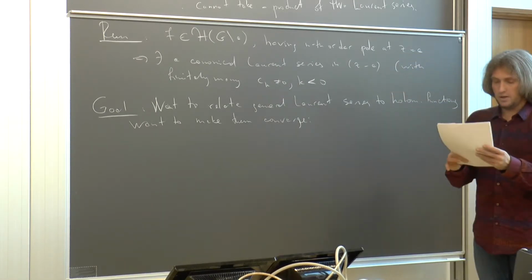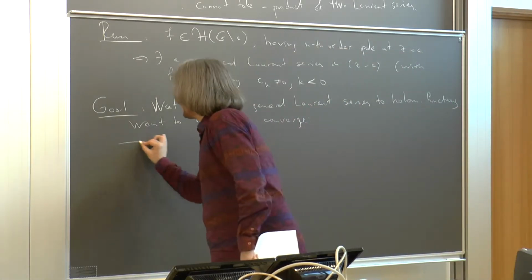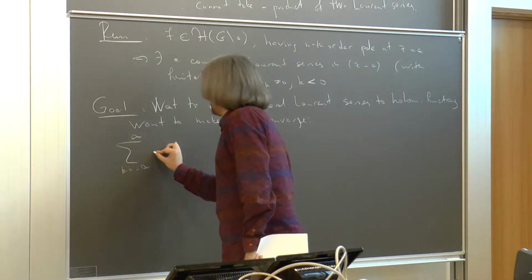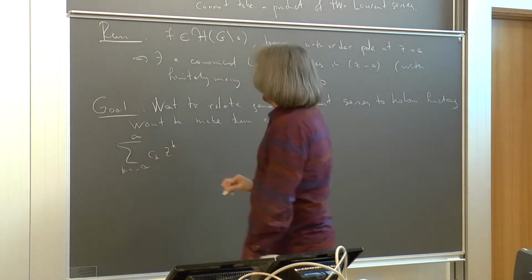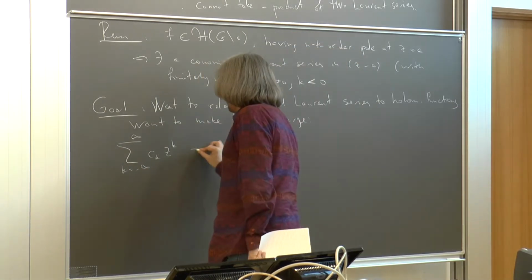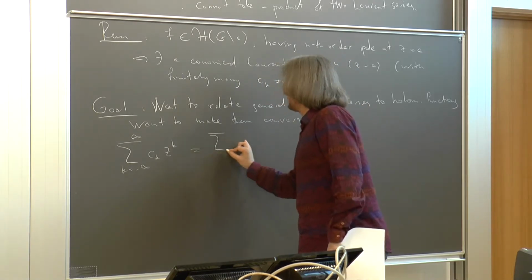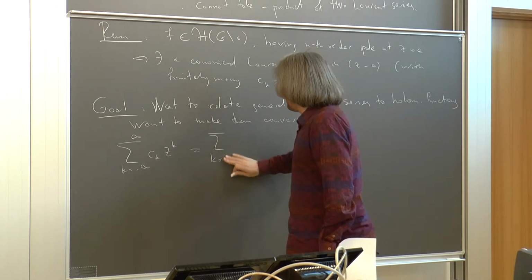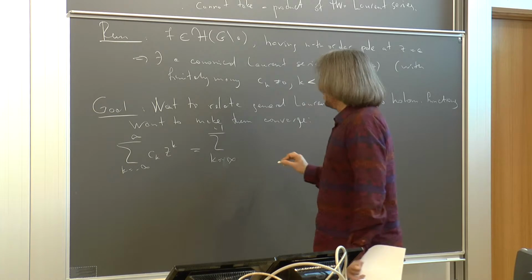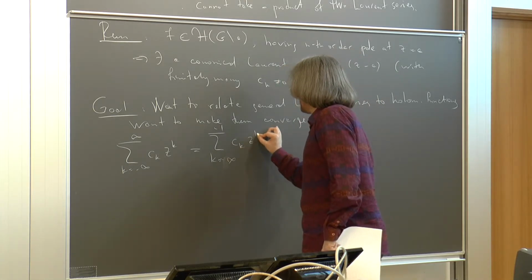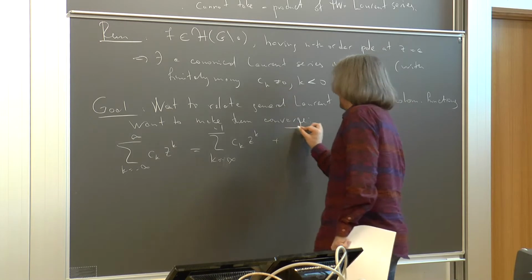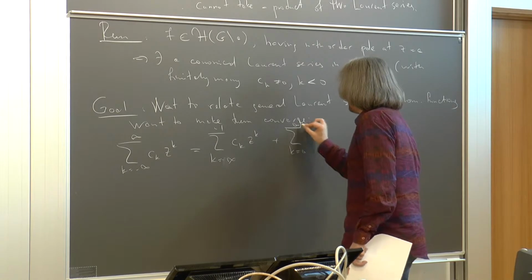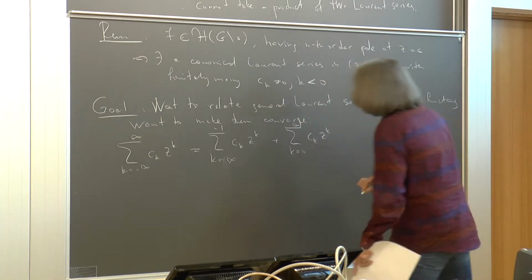So that's how you do it. First of all, you can write the series. It's just a formal series, sum from k equals minus infinity to infinity of ck z to the k. And as we did here, decompose it into two sums: k equal minus infinity to minus 1 of ck z to the k, plus sum k equal 0 to infinity ck z to the k.